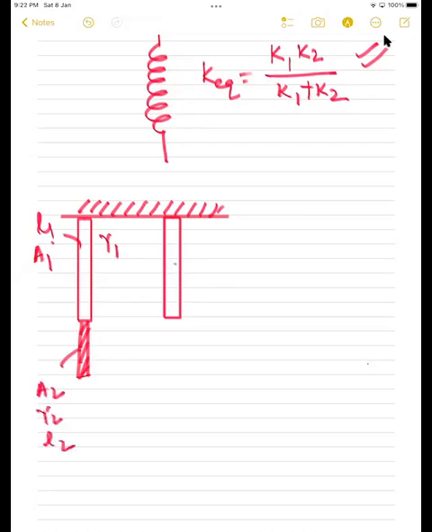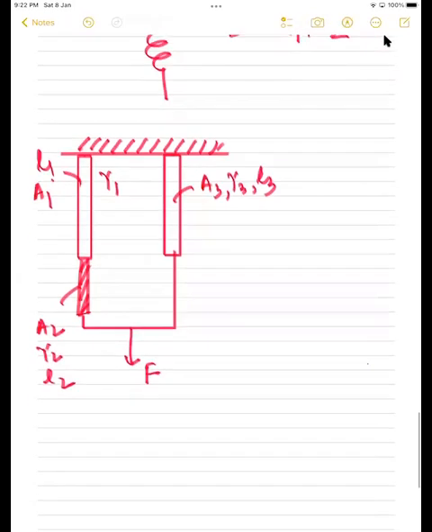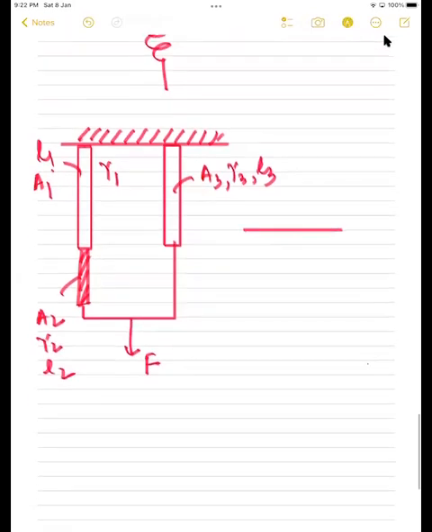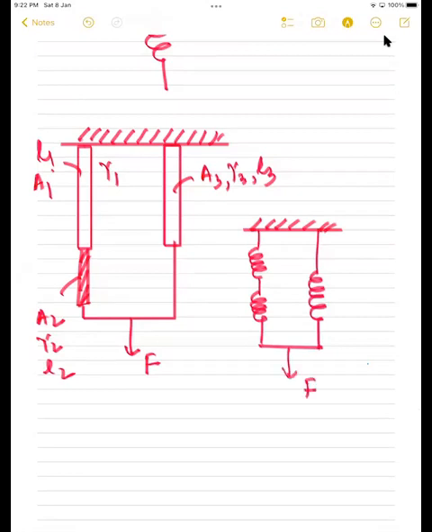The third rod has A3, Y3, and L3. These are connected and I'm giving a force F. So we can convert the system into a spring system: one spring connected like this, another connected like this, and both connected to one more spring, with the force applied here.